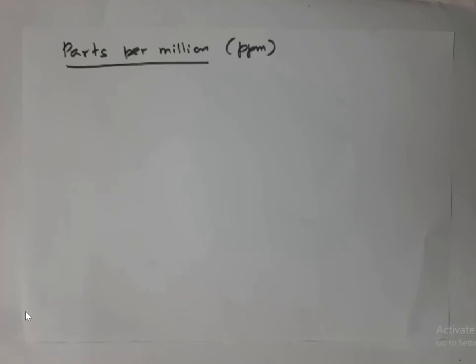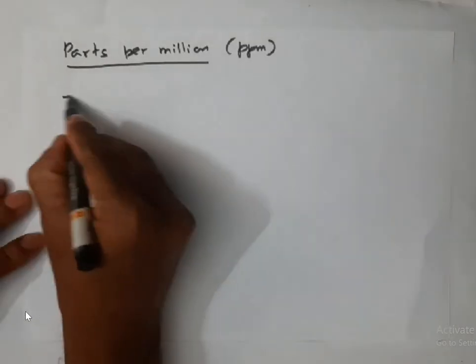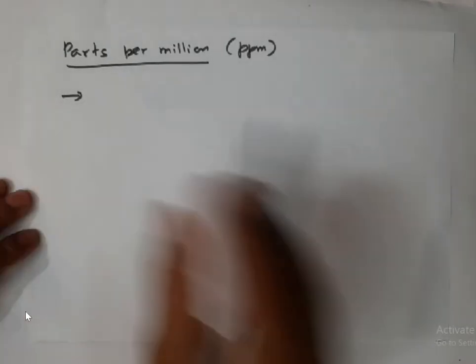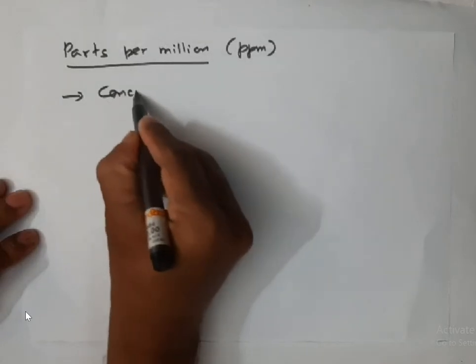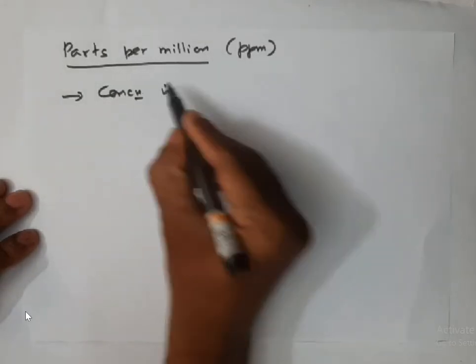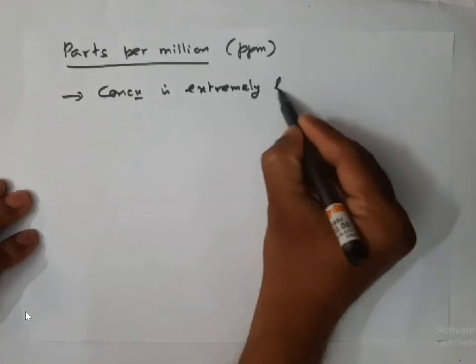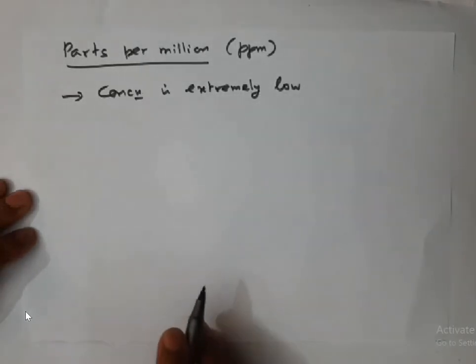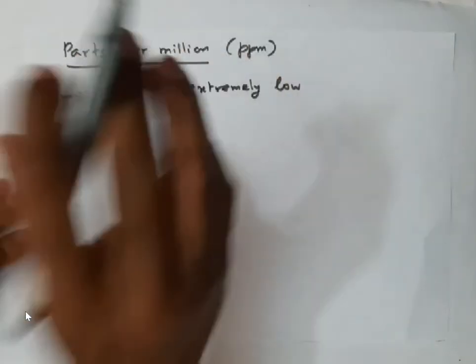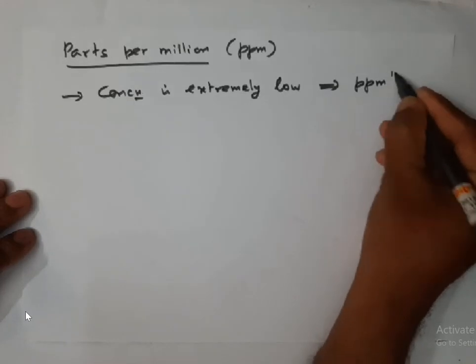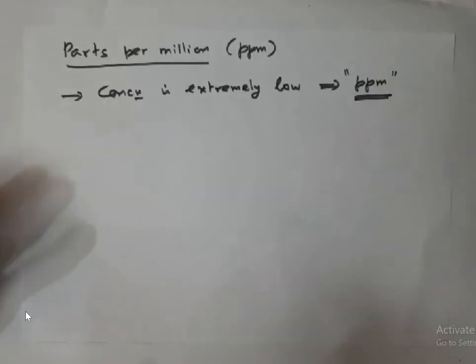We use parts per million whenever the concentration is extremely low, the concentration term parts per million.